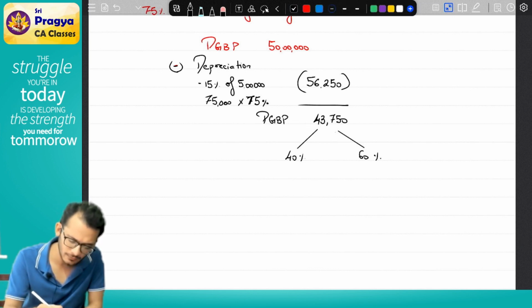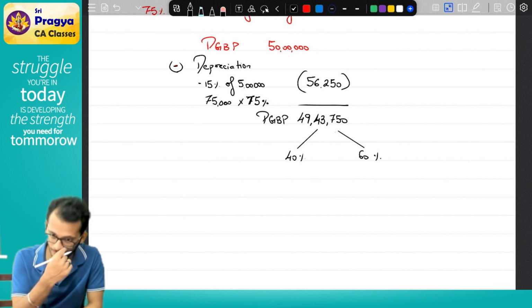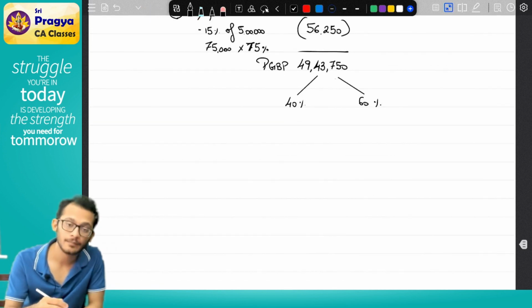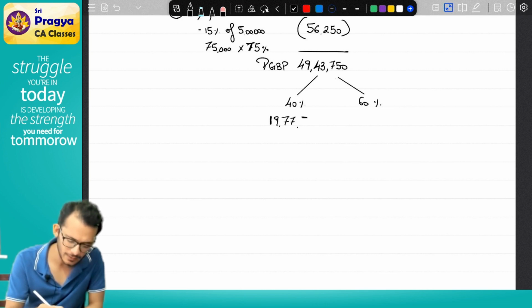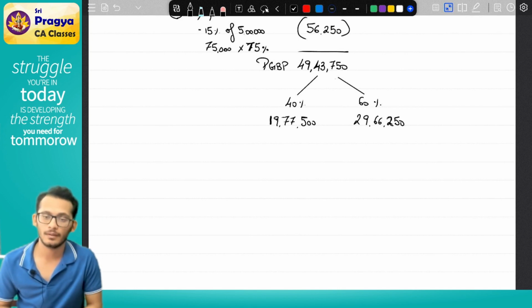It is 49 lakh 43,750. Okay, great. Split into 40 and 60, which is 19 lakhs 77,500 and 29 lakh 66,250. Now, what is your PGBP income on which you will pay tax? 19,77,500. Yes. This is what your computation is.